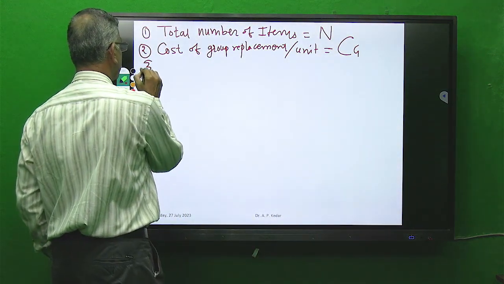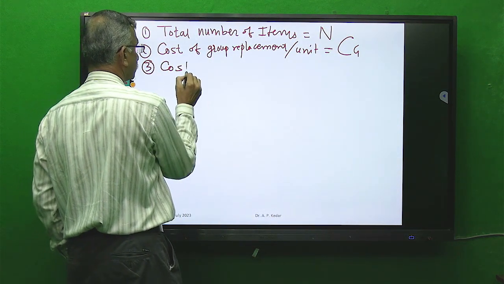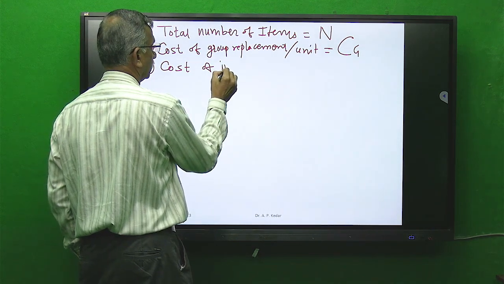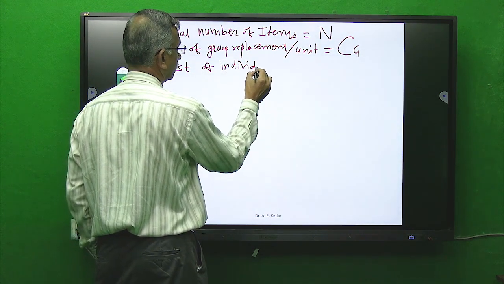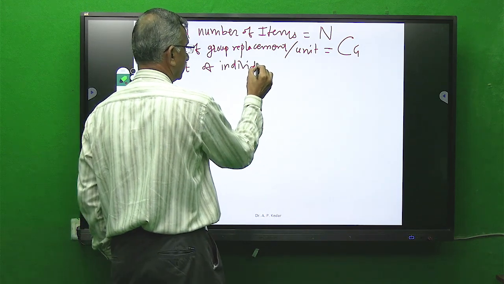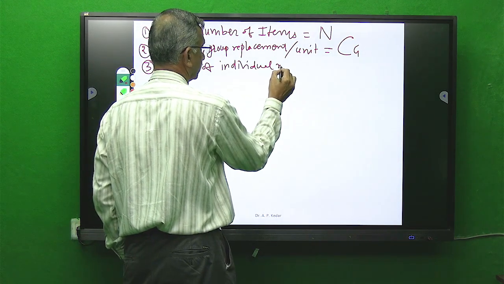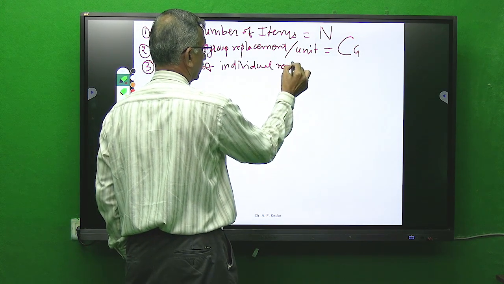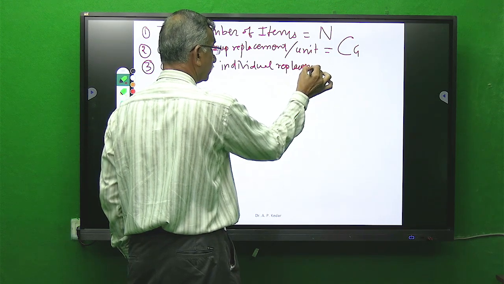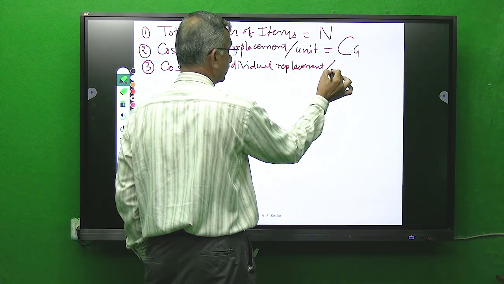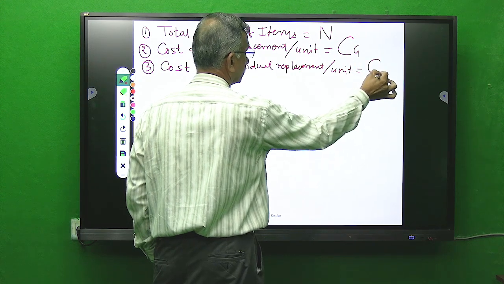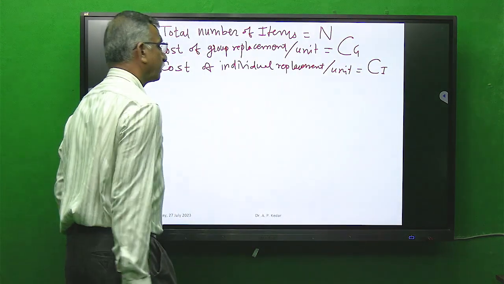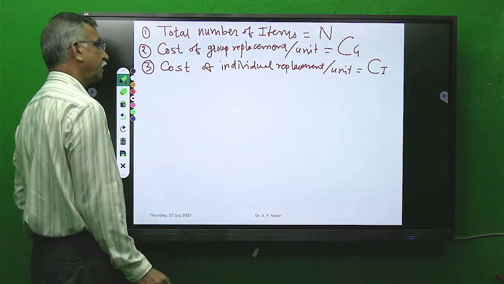Third data which we need is the cost of individual replacement in group replacement, per unit, which we are calling CI. This is the data we need.